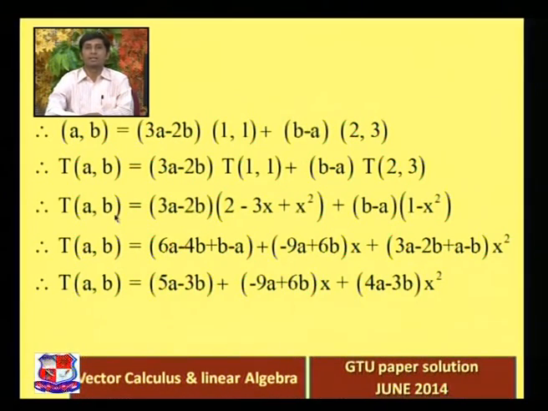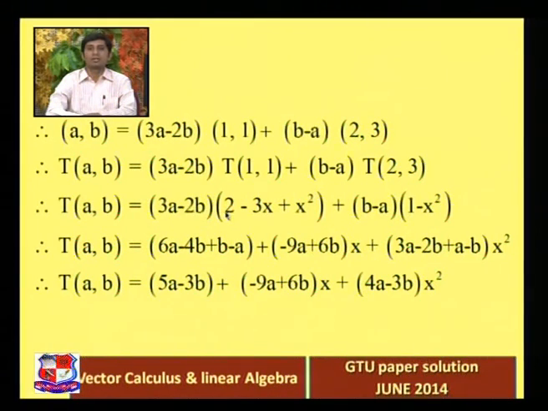So finally you will get T of (a,b) equal to 3a minus 2b into 2 minus 3x plus x square, plus b minus a into 1 minus x square. Okay, now from this equation we want to find the second degree polynomial. First of all, we write the constant term.